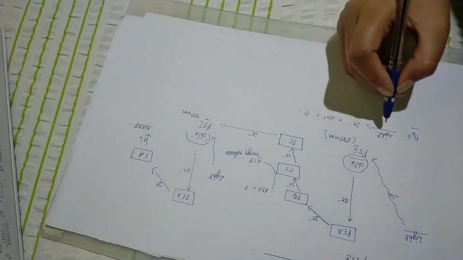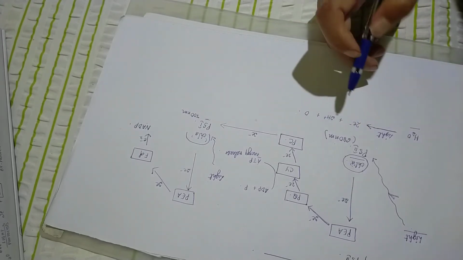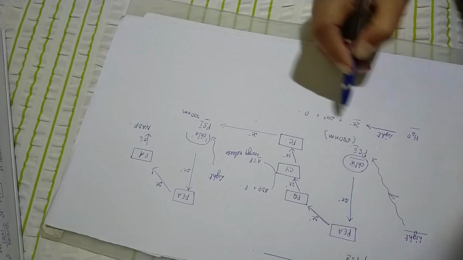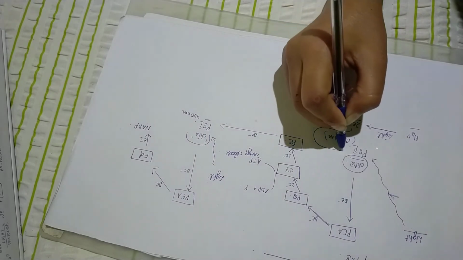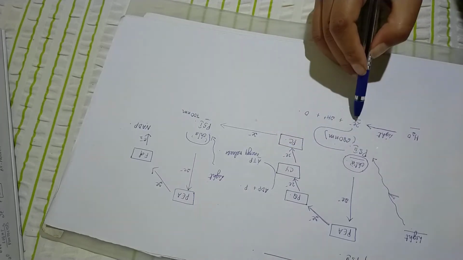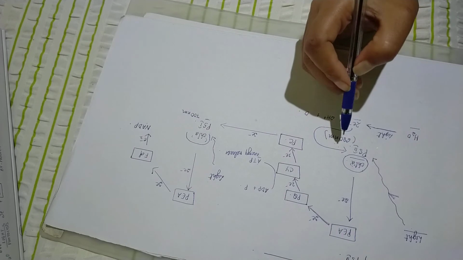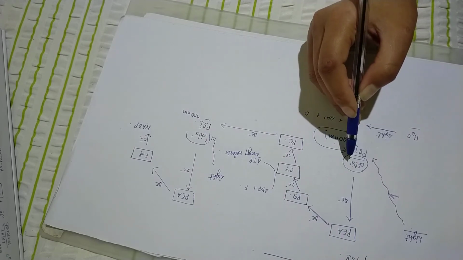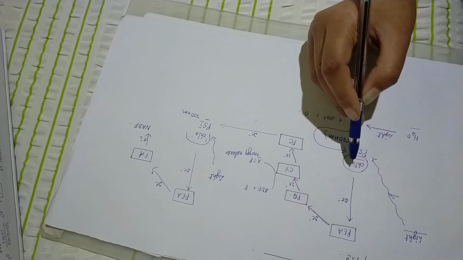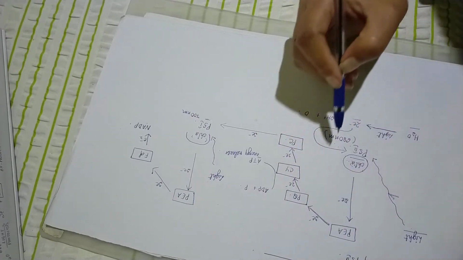So here this electron will go into PS2 to replace the excited electron which got transferred from chlorophyll A to the primary electron acceptor.